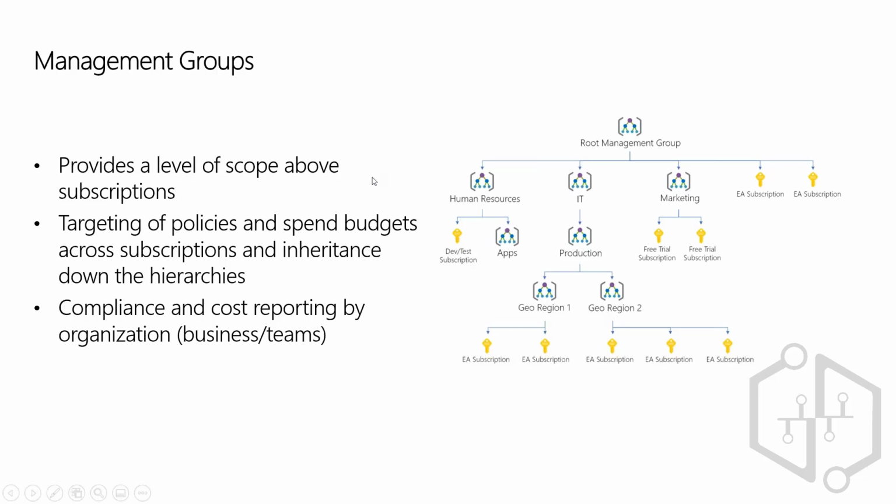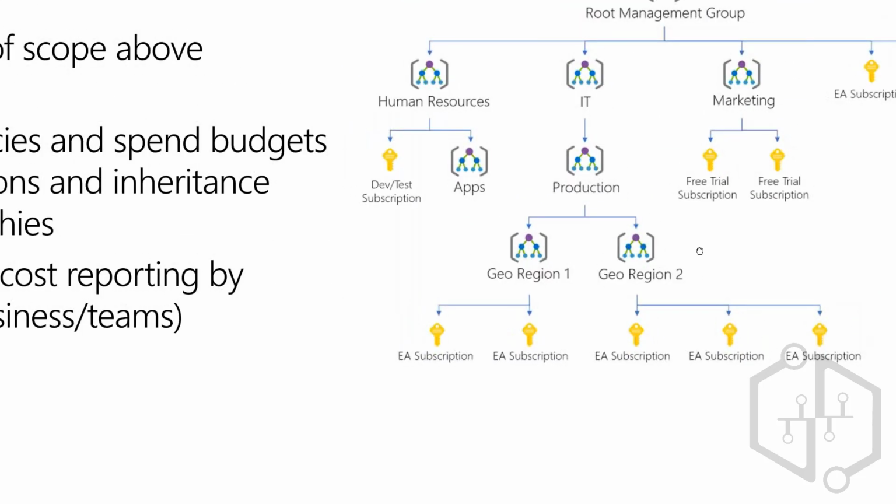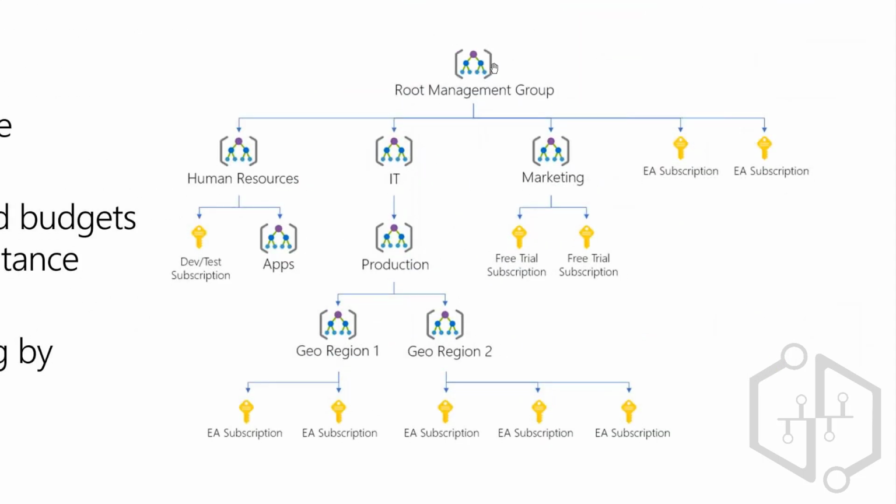The kind of policies that we saw and the kind of access management that we discussed on the most basic unit can exist on the management group as well. If you see the diagram on your right hand side, the topmost entity is the root management group. Within that, you will have your sub management groups: human resources, apps, production. Even geographically, we can have management groups.